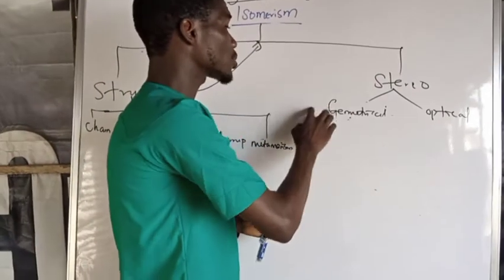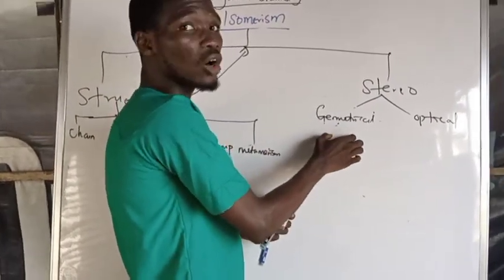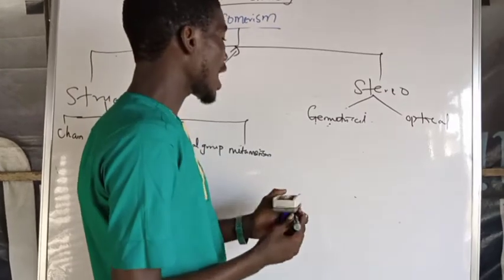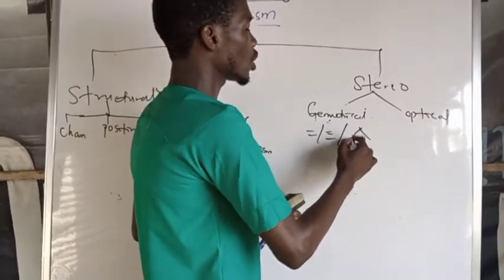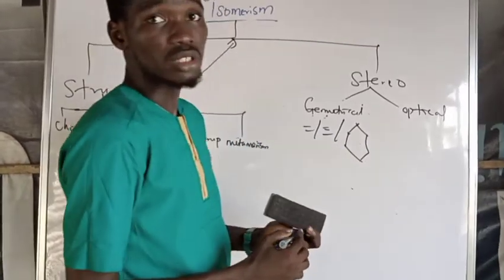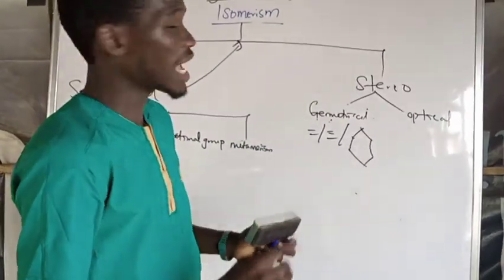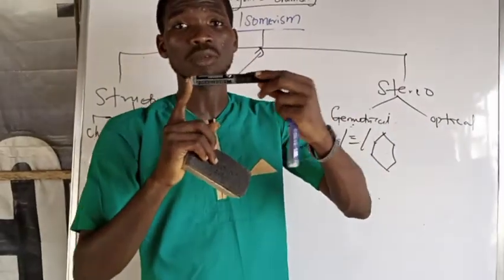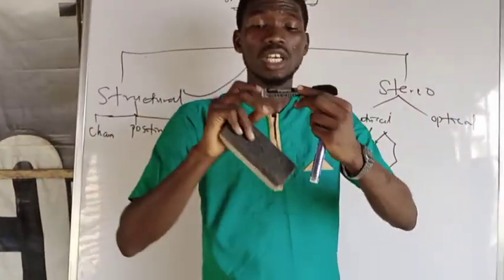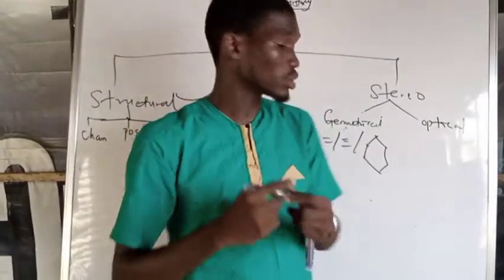Then when talking about geometrical isomerism, which is classified under stereo, it applies to types of organic compounds found to have double, triple, or a ring structure. And one thing you should note: if I have one carbon atom here and I also have one here, there will be free rotation.